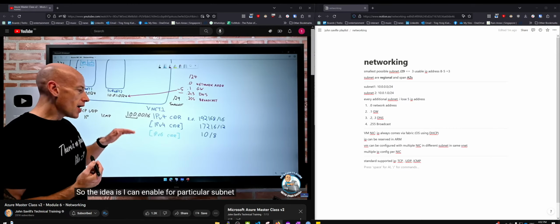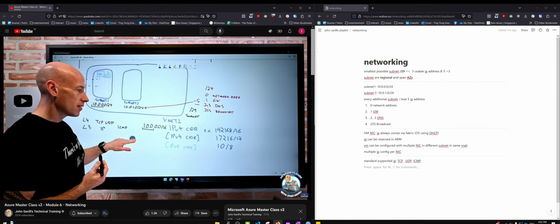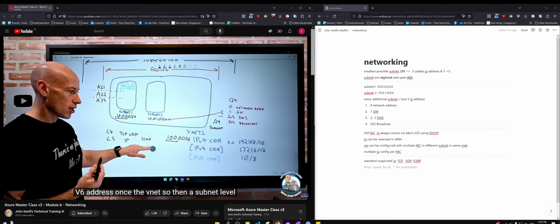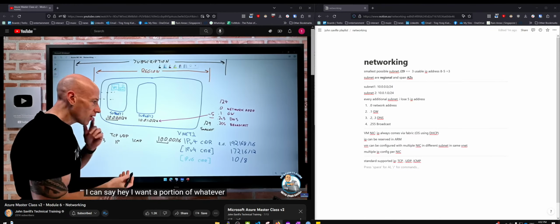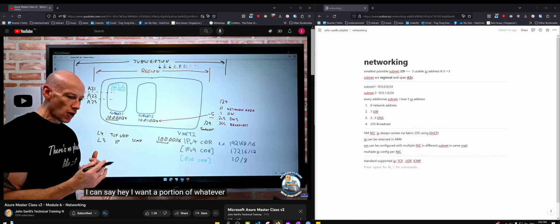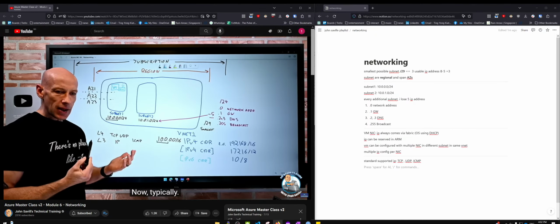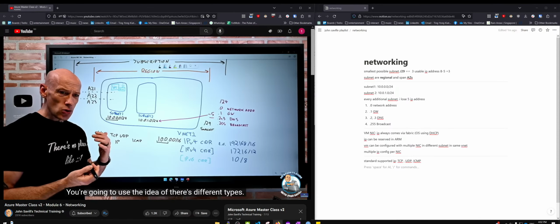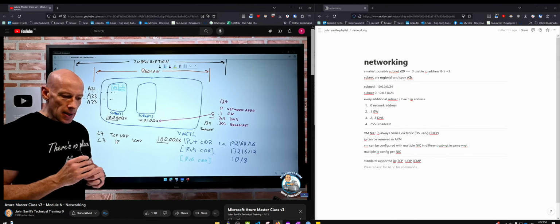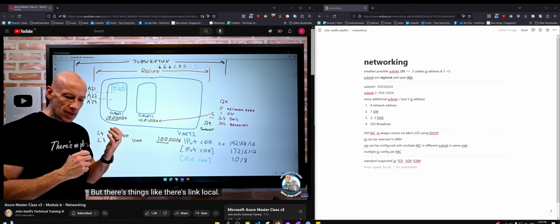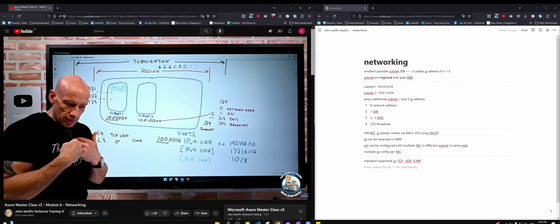So the idea is that I can enable an IPv6 address for a particular subnet once the VNet has it. So then at a subnet level, I can say, hey, I want a portion of whatever IPv6 that I might want to use. Now, there are different types. There's link local, so I can have something that I generate myself.